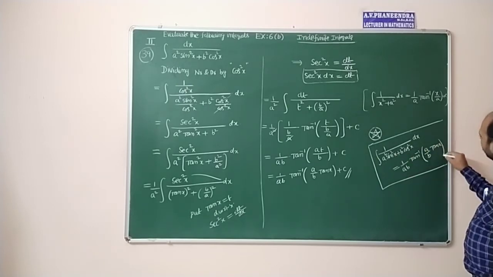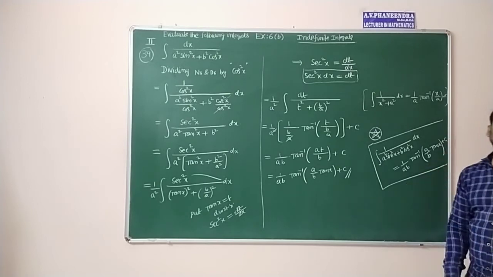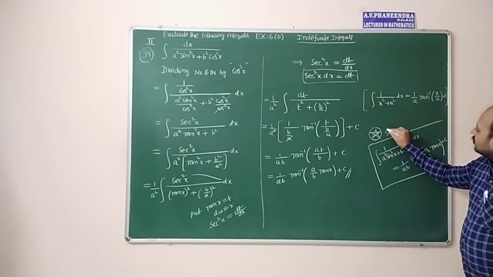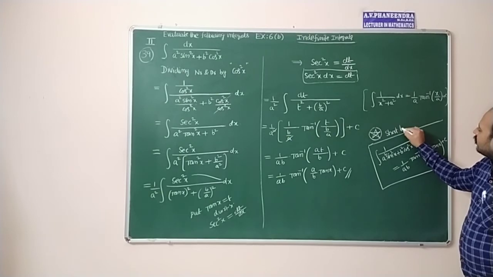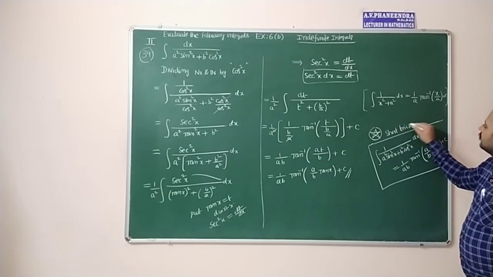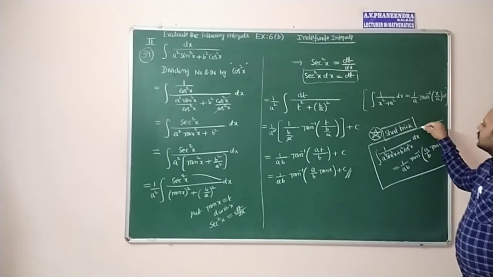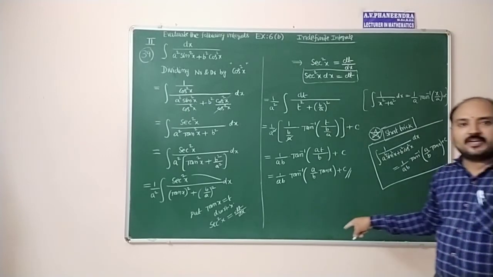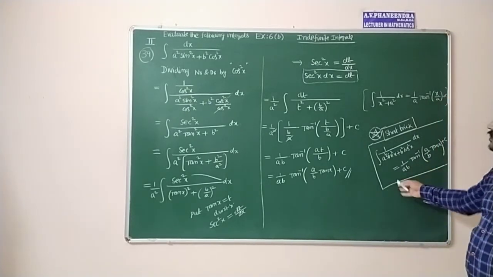Like this you have to remember. This is the easiest way. This is a shortcut formula, a short trick. It will come in competitive exams, either MCET or JEE, and this type of question can be solved by applying it.